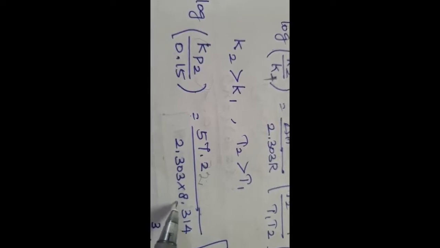Here we use kilojoules per mole, so R is 8.314, into 373 minus 298 divided by 373 into 298. Multiply, subtract: 373 minus 298 gives 75. Kilojoules are converted into joules, so multiply by 10 power 3.